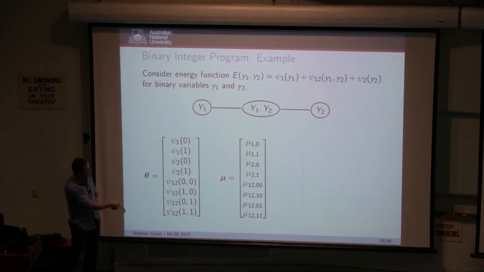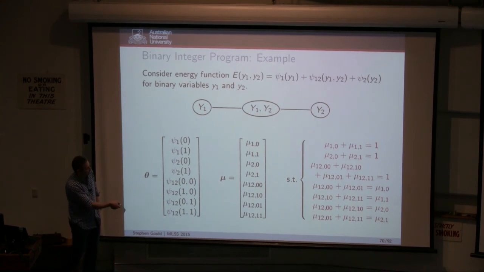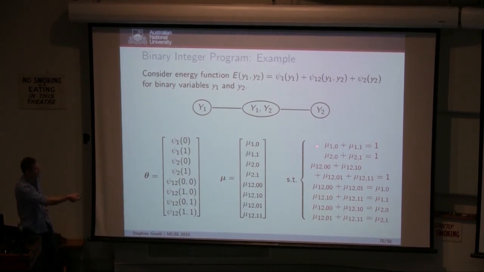And then here's my indicator vector, right? And if I write out all the constraints, I sort of have these constraints here. So this first constraint is saying my indicator vector for y1, taking value either 0 or taking value 1, if I sum those up, I must get a value of 1, right?